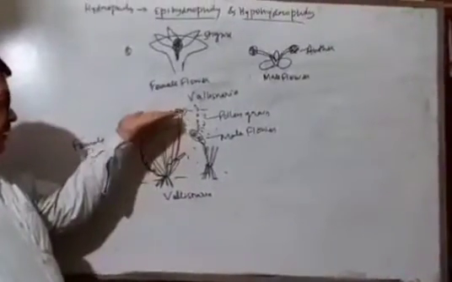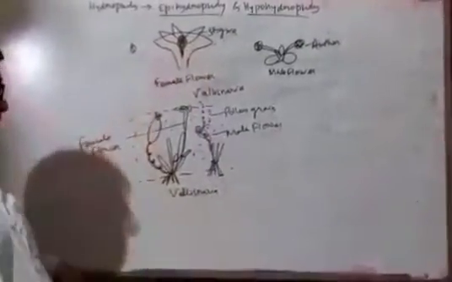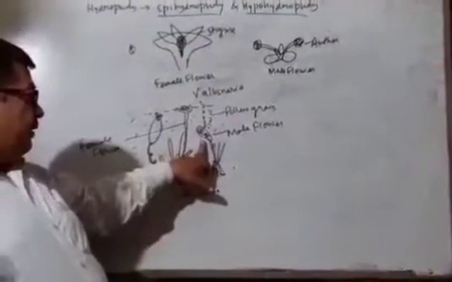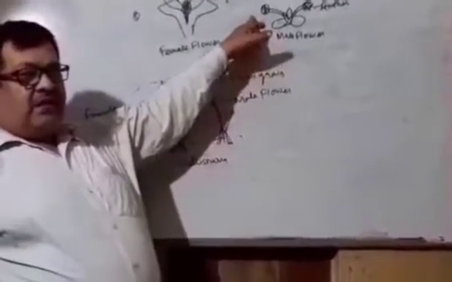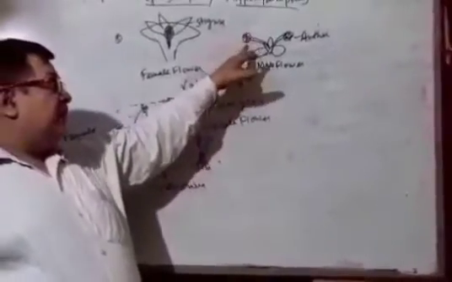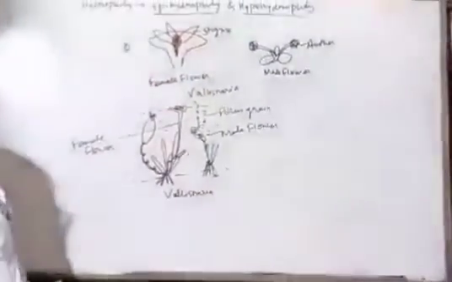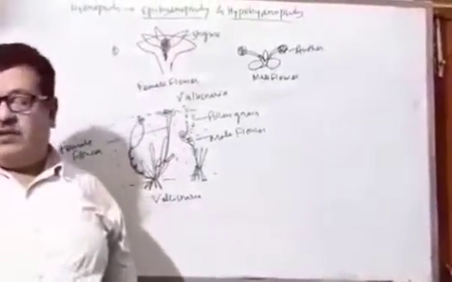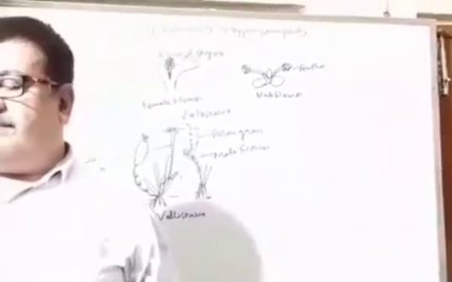The female plant comes to the surface, its stigma is trifid, and the male flower inside the water releases its pollen grains that come to the surface. Accidentally, this pollen is taken between the trifid stigma at the surface of water. So it is called epihydrophilic, meaning pollination at the surface of water.